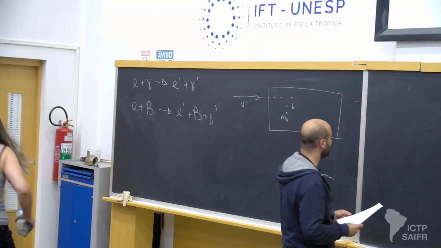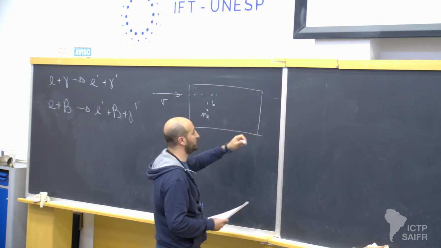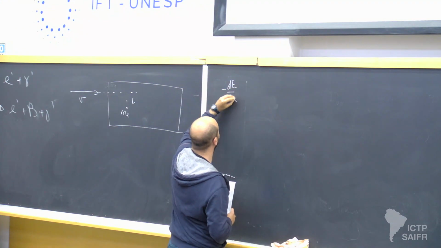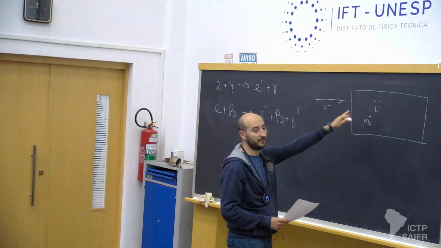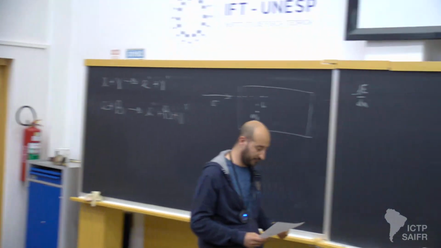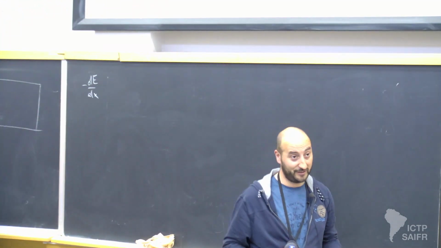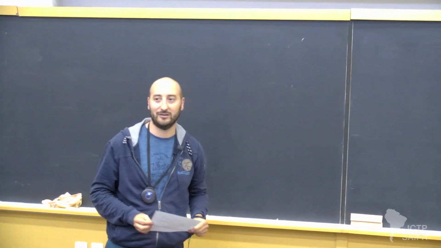Now, what is the typical range, or if you wish, the dE over dx of this process? How fast does this particle lose energy while crossing a medium of density Ne? First things first: on dimensional grounds, can we estimate what's going on?